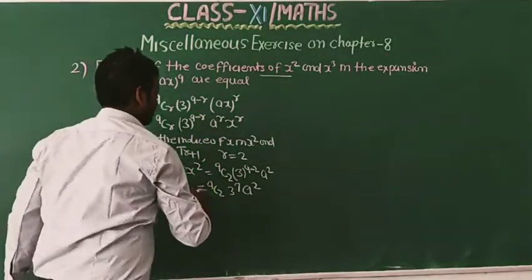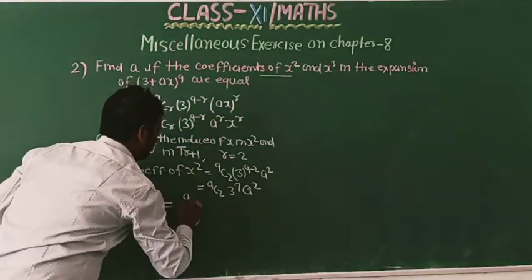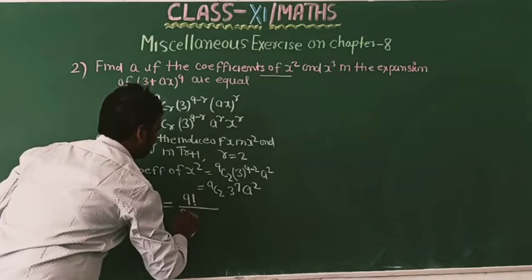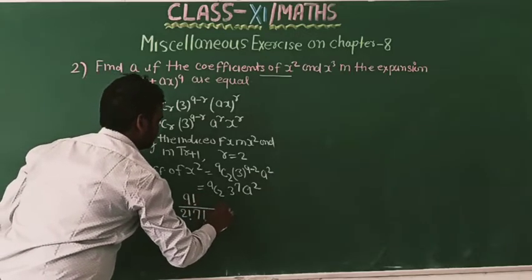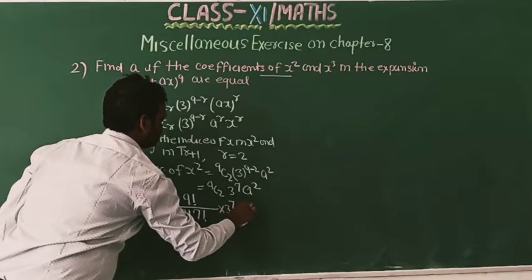And simplify it. So this is factorial 9 upon factorial 2 and factorial 9 minus 2, that is 7 factorial, 3 to the power 7 into a square.